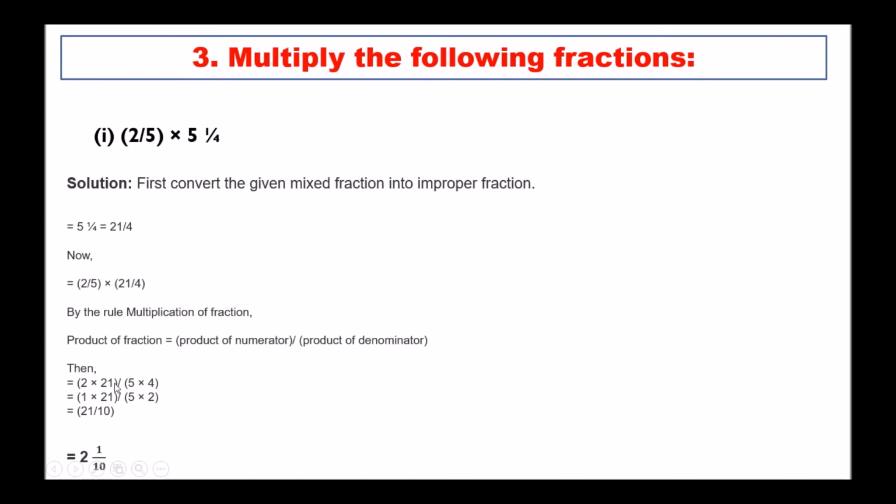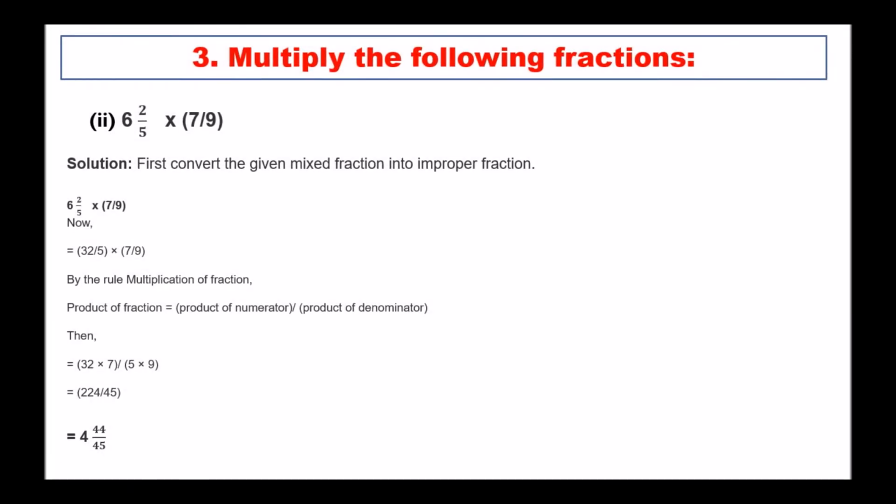So 2 into 21. We can cut 4 and 2. So it will become 1 and 2. So 1 into 21 is 21 and 5 into 2 is 10. You can cut it or you can simply multiply and reduce in the answer. 21 upon 10, we can convert this into mixed fraction, that is 2 and 1 by 10.